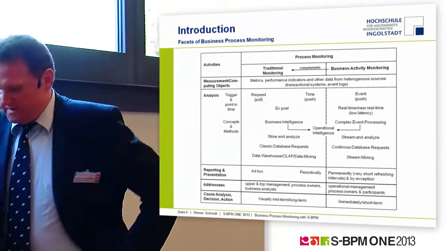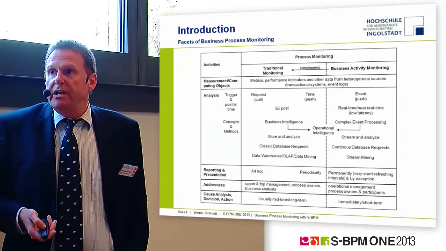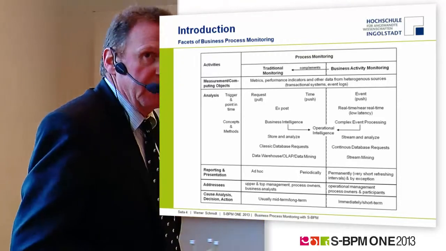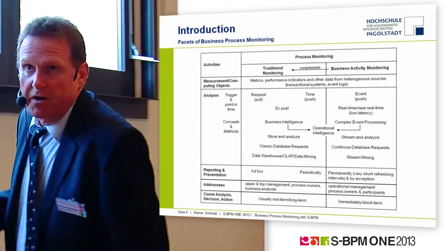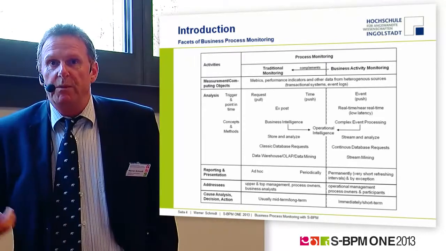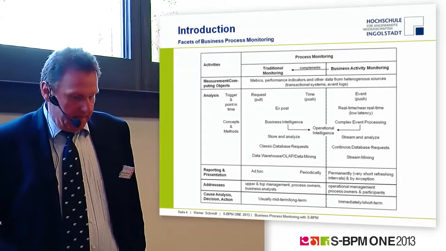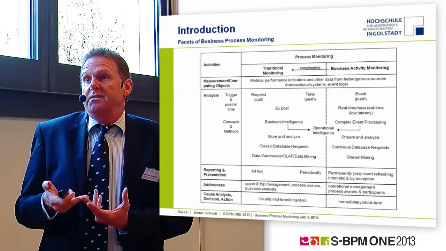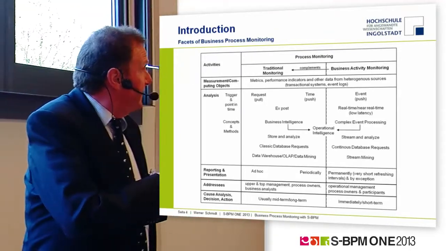Some of you might know this example in the fraud detection area. If a credit card is used in Munich at 2 o'clock in the afternoon, and half an hour later a credit card number is used in New York, that's not possible. So this is an indication that there's something wrong, and this is a combined complex event from which you can draw a conclusion.